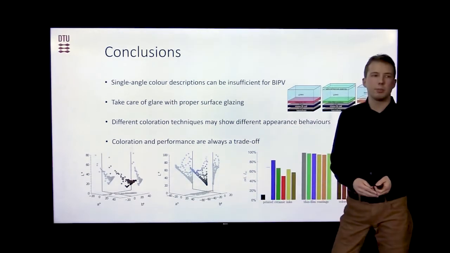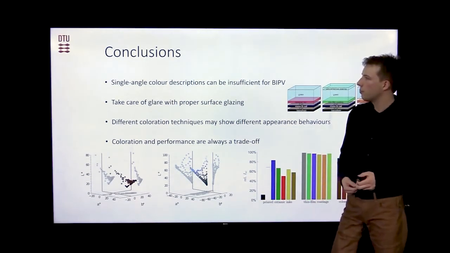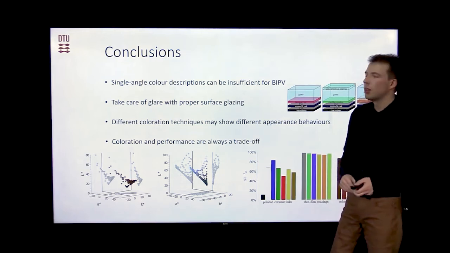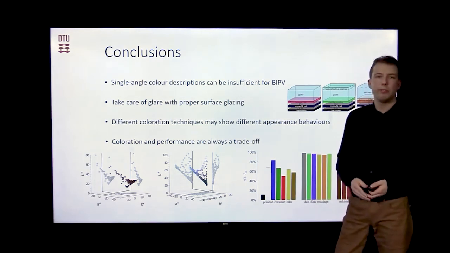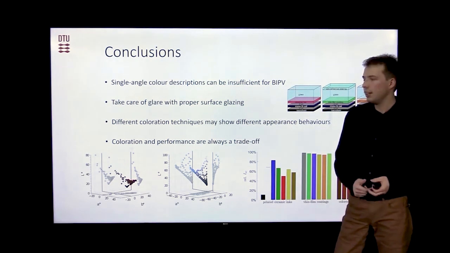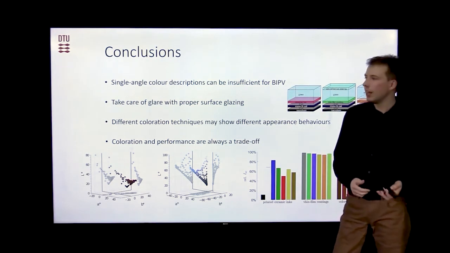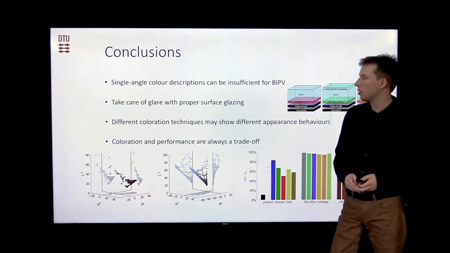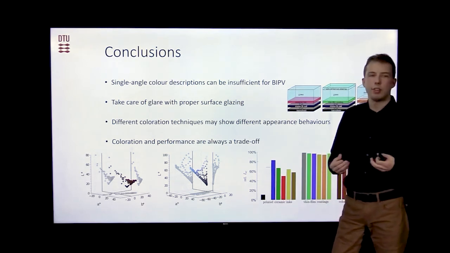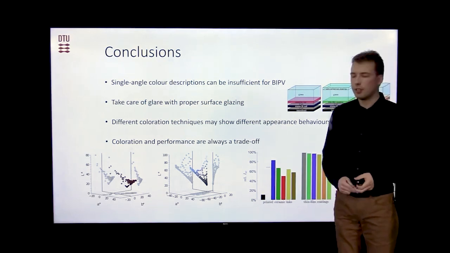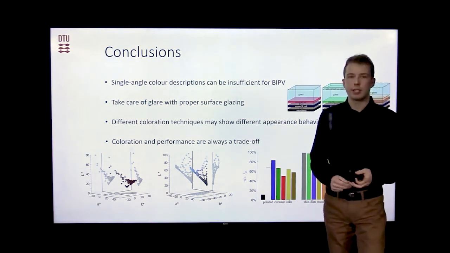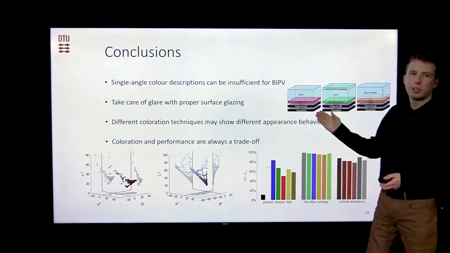Okay, so this brings me already to the conclusions of my talk, which are basically these 4 takeaway points. So a single angular measurement can be insufficient for the description of BIPV appearance. Secondly, we always have to consider glare, as that might cause problems in our day-to-day installations. Thirdly, the three different coloration techniques I presented today show vastly different appearances.